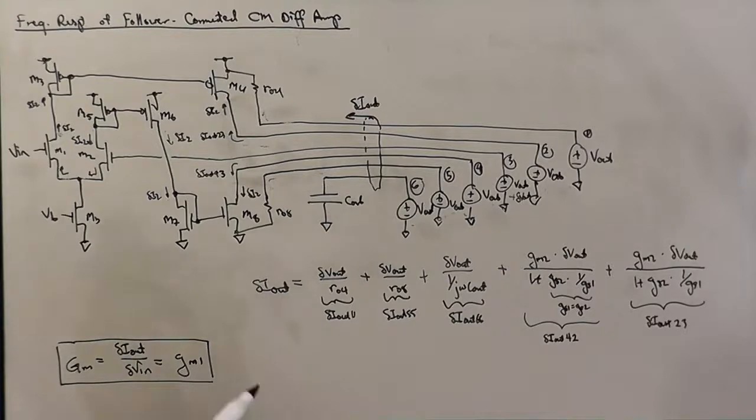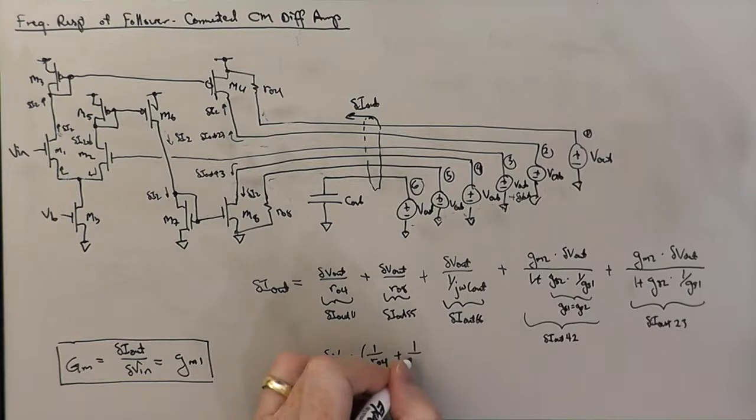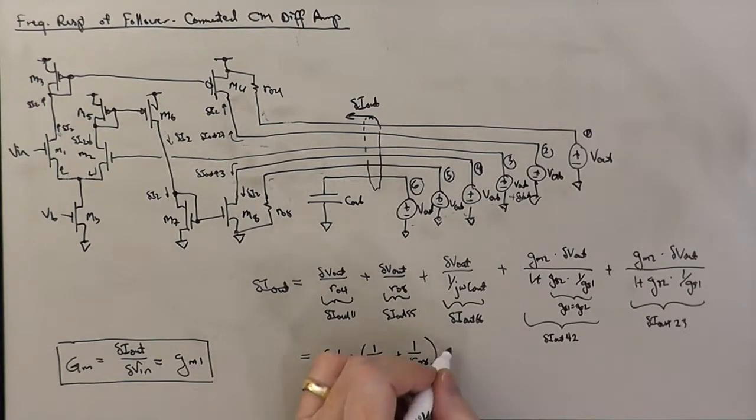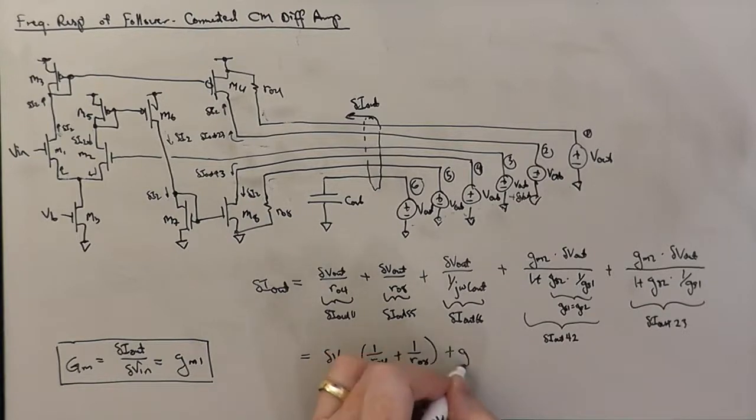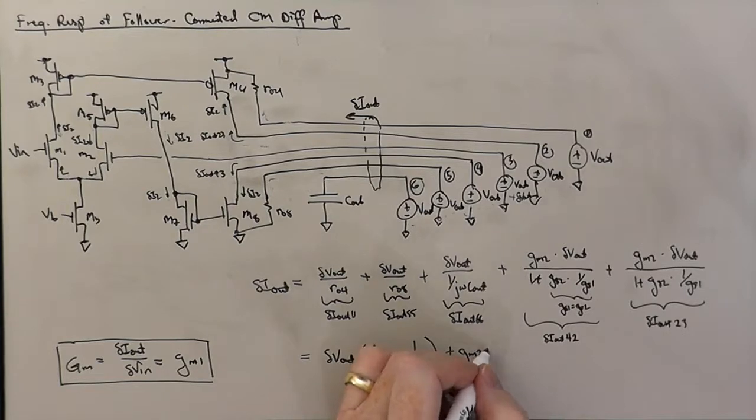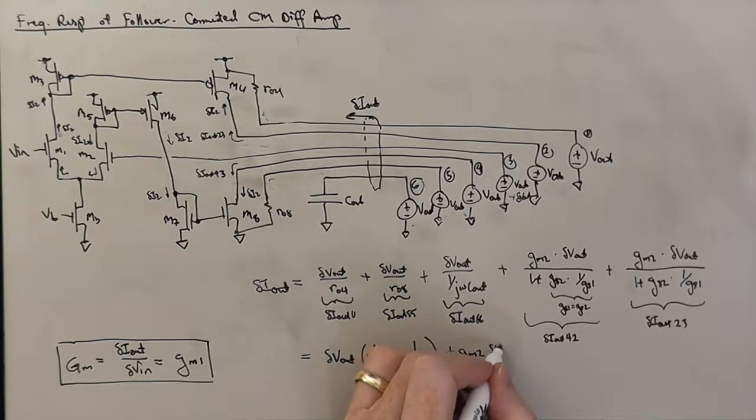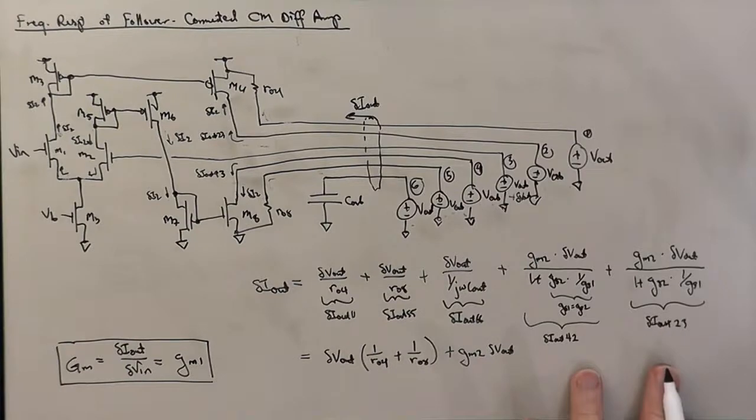Okay? And so we can group these things in the following way. We can factor out the delta V out from the first two terms. And we have 1 over RO4 plus 1 over RO8. And then we have a GM2 delta V out, which accounts for the last two terms.